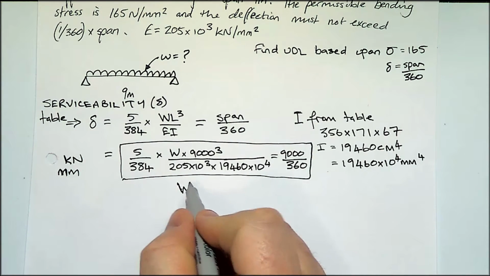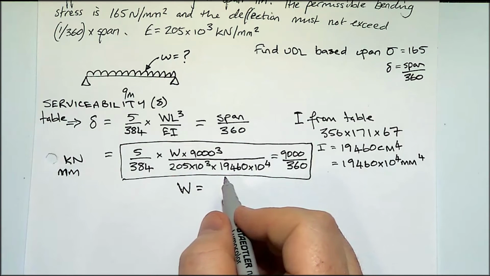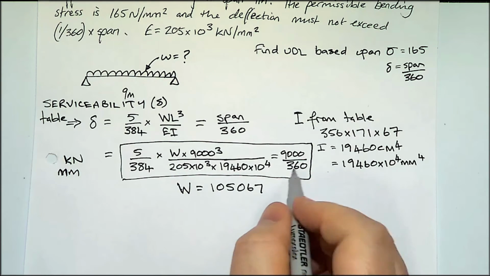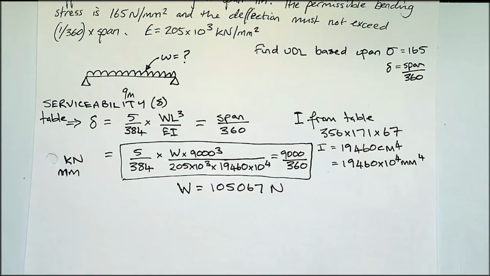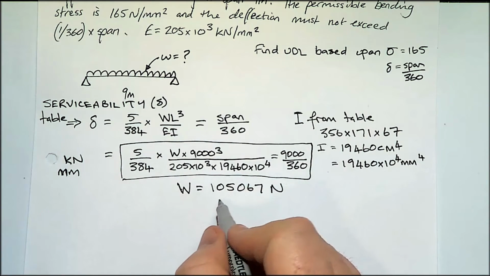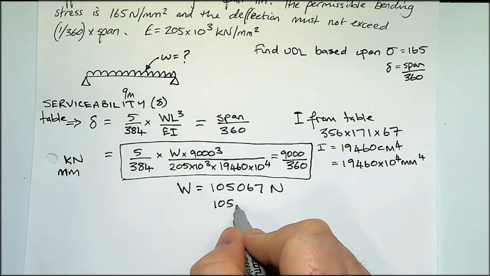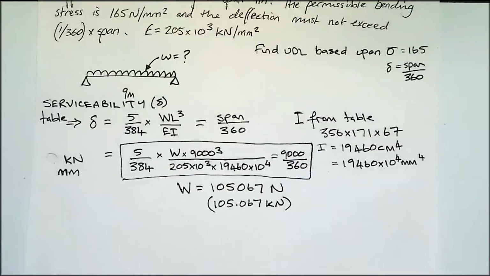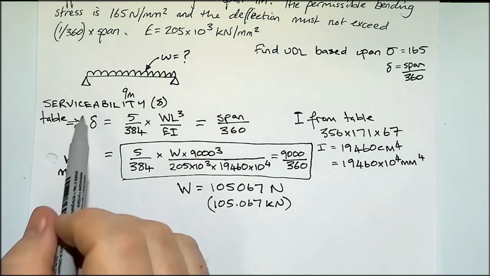W is 105,067 newtons. Or 105. So that's found the total load for the deflection.